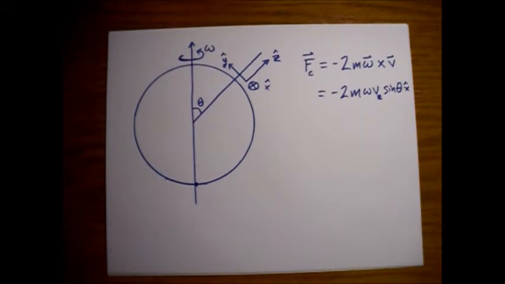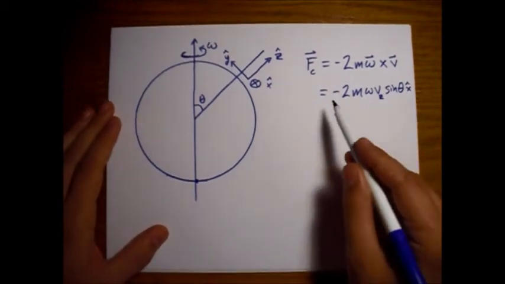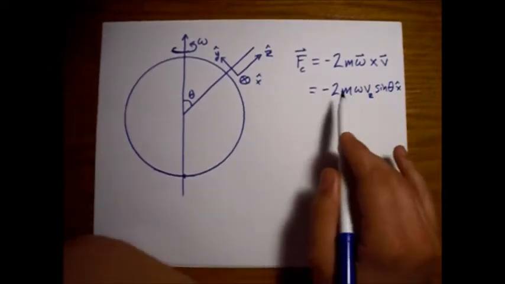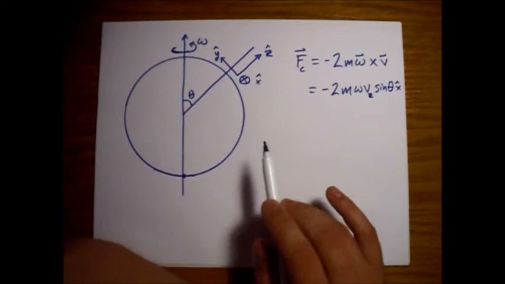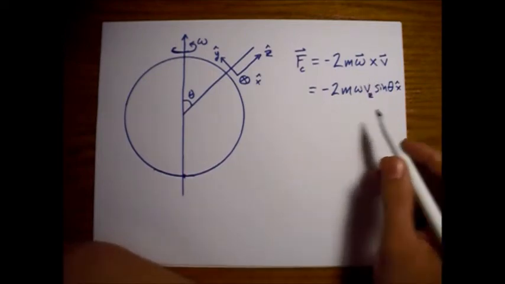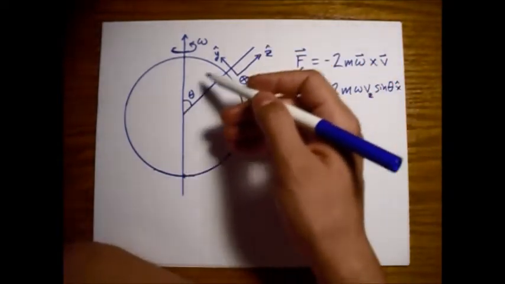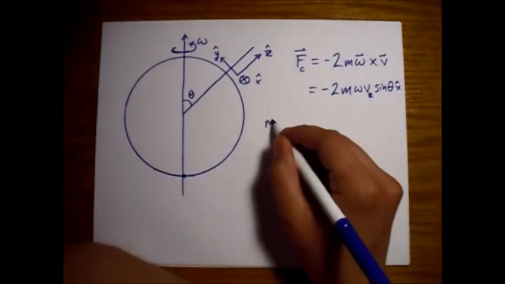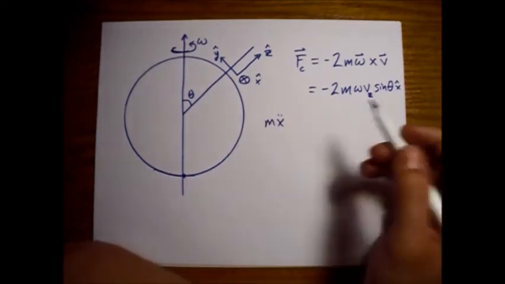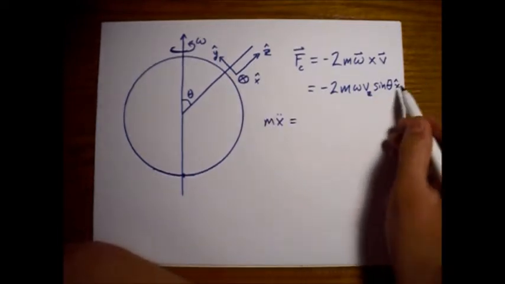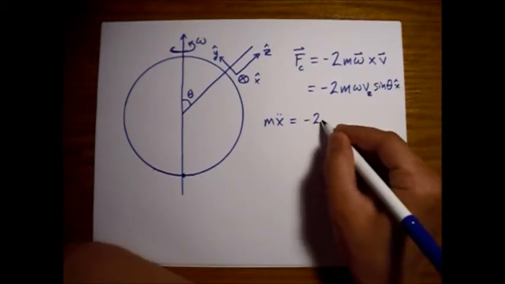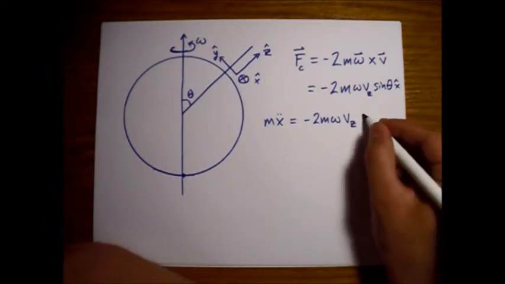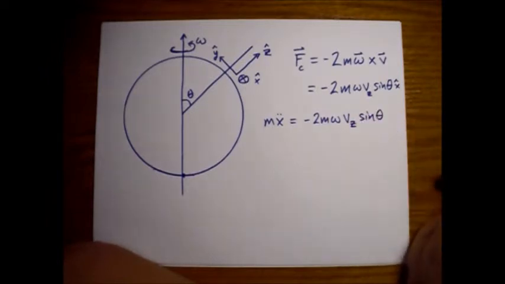Let's go ahead and write our equations of motion. We have this force in the x direction, and of course we'll also have gravity in the z direction. So F equals ma. Here's the ma, and we'll write out the F: m x double dot equals minus 2 m omega v z sine of theta.